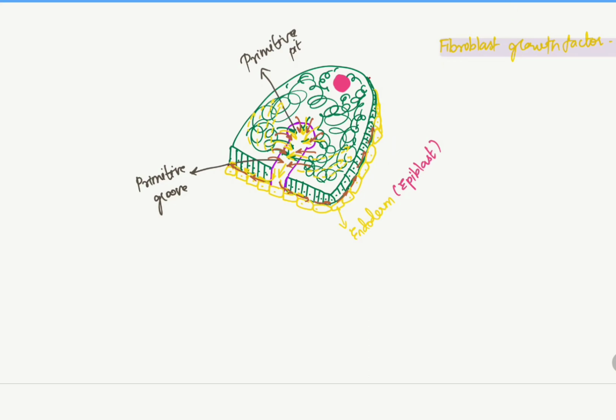I am drawing this on another page so that it may be clear. As you all know, this is the epiblast cell layer.